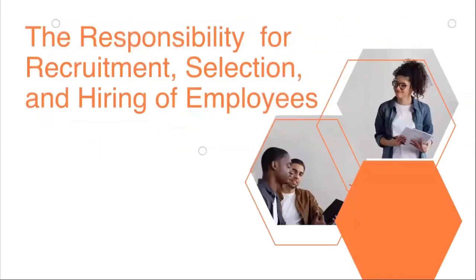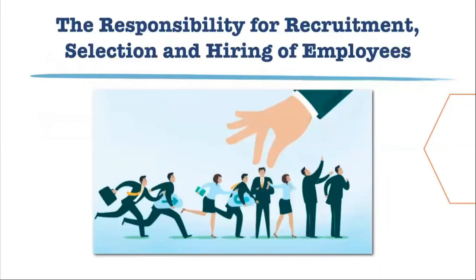Now, we are going to talk about the responsibility for the recruitment, selection, and hiring process. The responsibility for the recruitment, selection, and hiring process of employees differs among organizations.